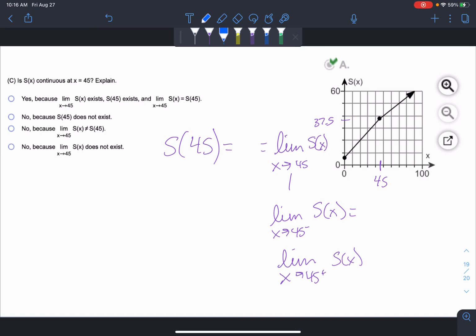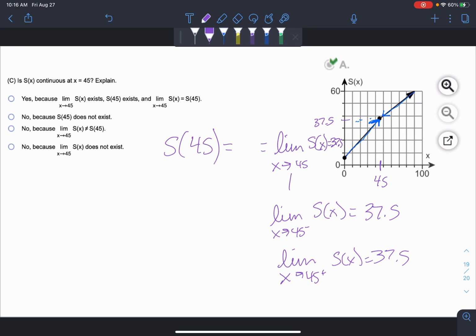If I'm approaching from the left, I trace left to right till I reach 45 on the x-axis. I look over to the y and I see I have 37.5. Same game coming from the right: I notice I'm approaching 37.5 again, so my overall limit is 37.5.